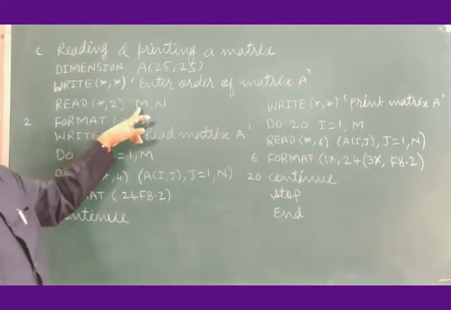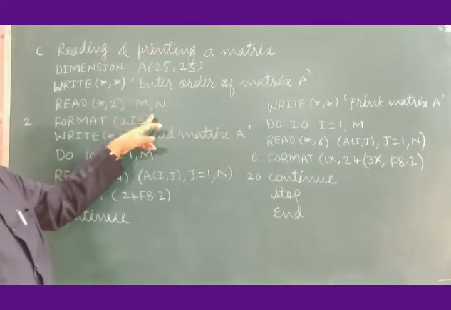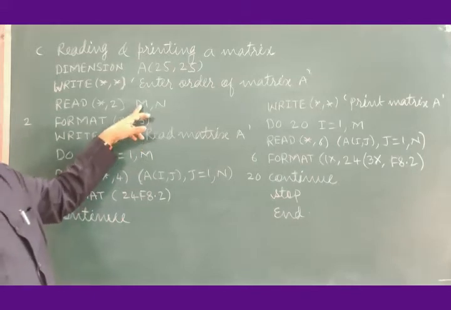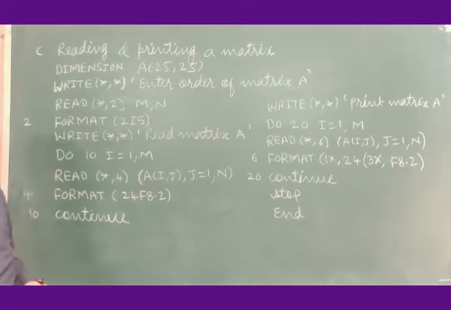In what format do we have to read the rows m and columns n? 2I5, 1I5 for m, 1I5 for n. Integer. Order should always be integer. Maybe 3 by 3, 4 by 4, 5 by 5, anything.